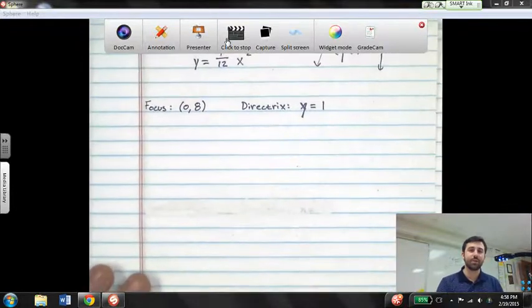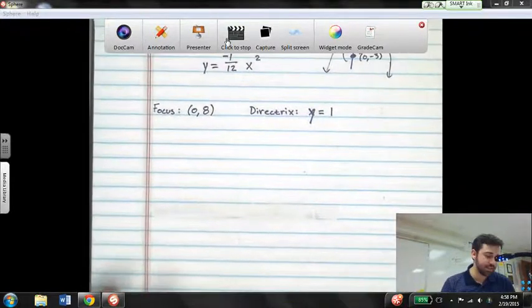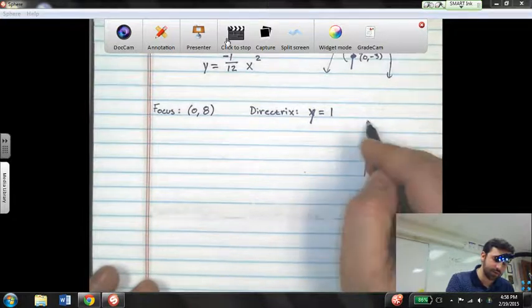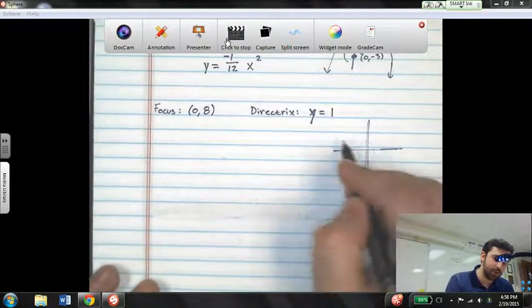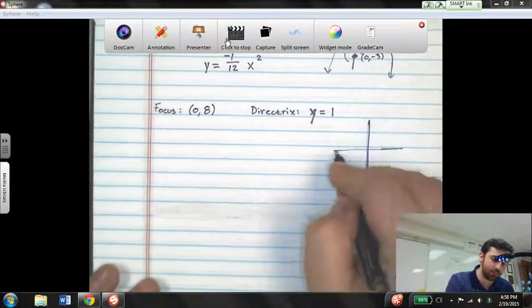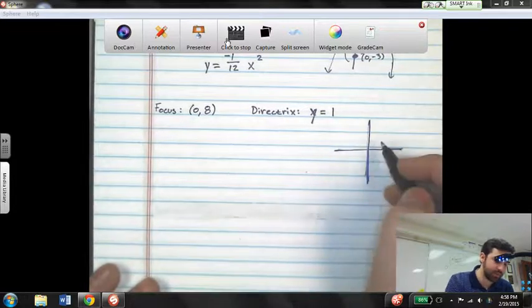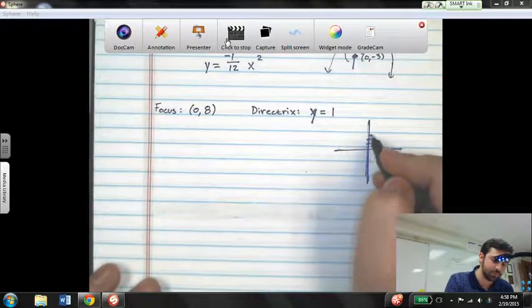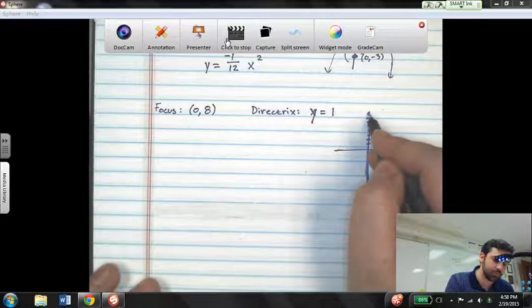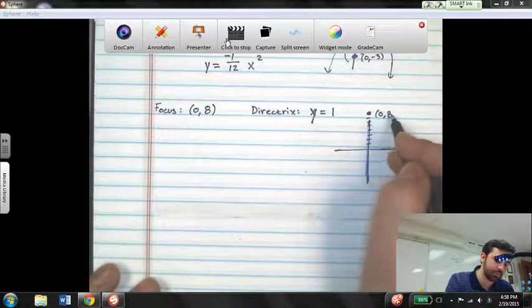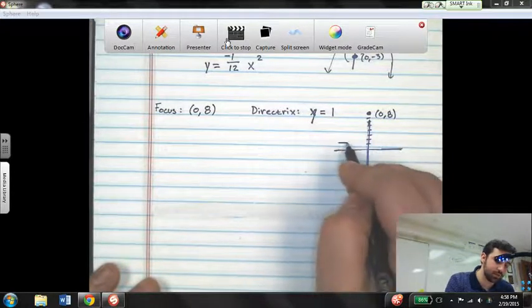So now, given a focus at 0, 8 and a directrix at 1, let's look at an example of this. We have a focus at 0, 8, and a directrix at 1.